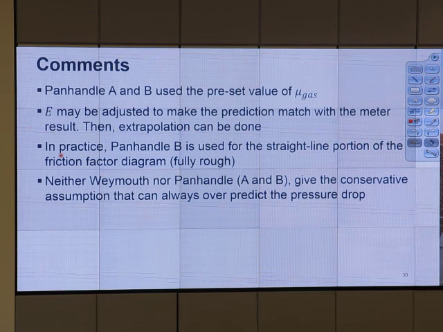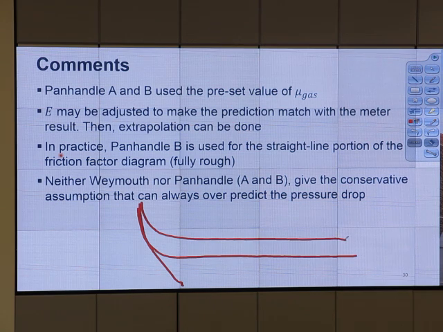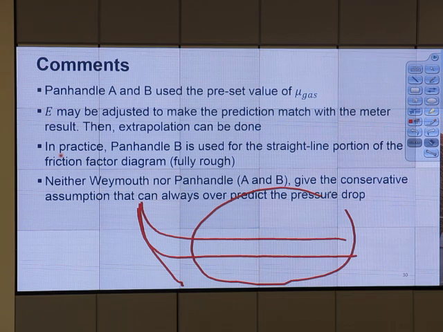Okay, look at this one. In practice, Panhandle B is used for the straight line portion of the friction factor diagram, fully rough. So what is the fully rough region? You see that, right? Friction factor changes with Reynolds number, but after a while, it's just straight. In practice, they use it for this part.